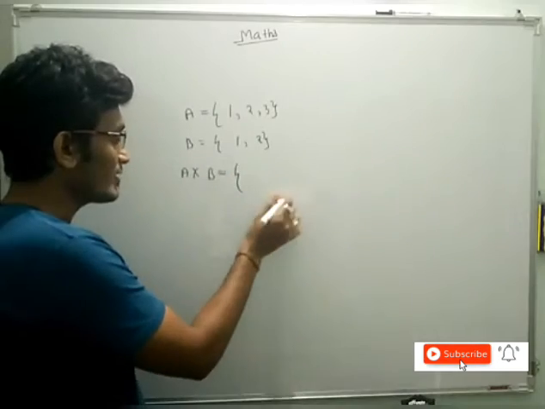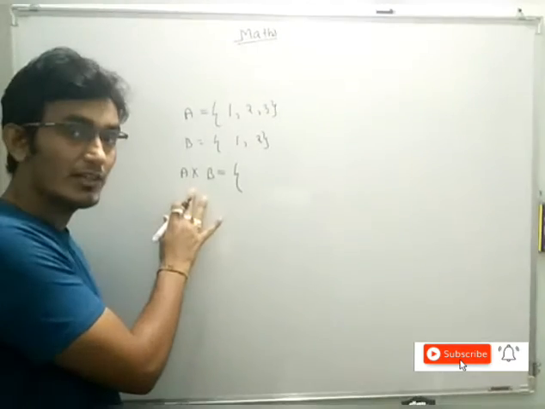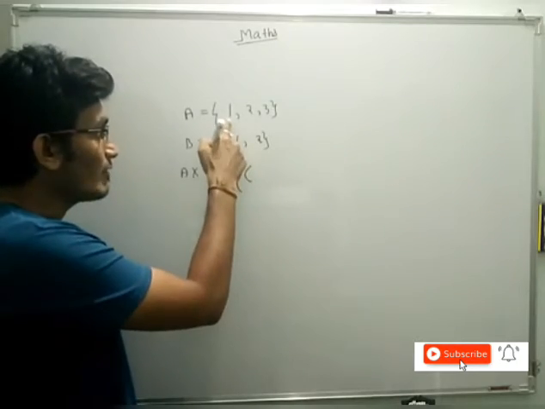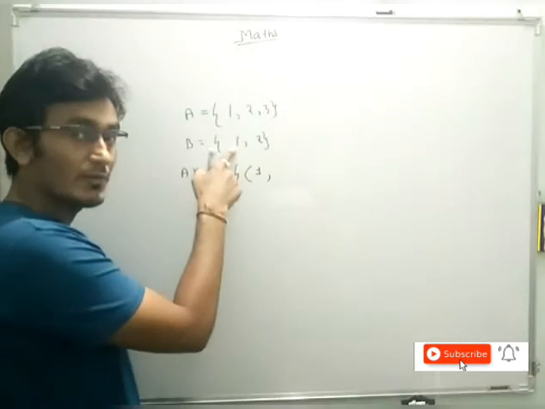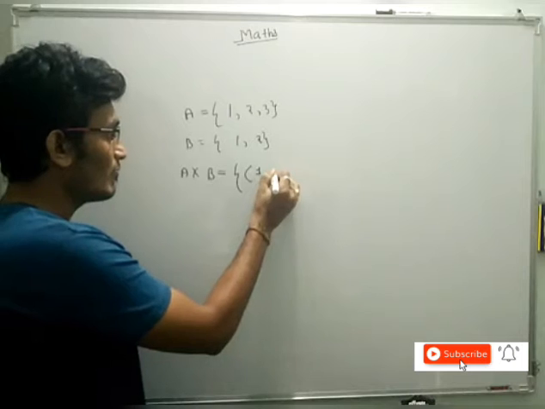So what is the technique to write down the Cartesian product? First you take one element from the first set, that means 1, then one element from the second set, that means (1, 1).